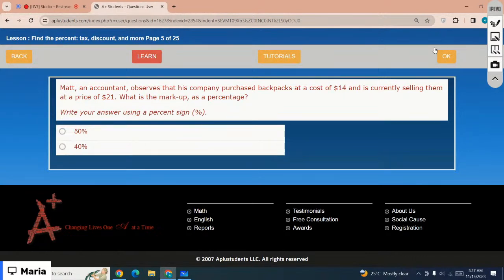So 21 minus 14 is $7, right? 7 divided by 14, that means it is 50%. That means the markup is 50%, right?